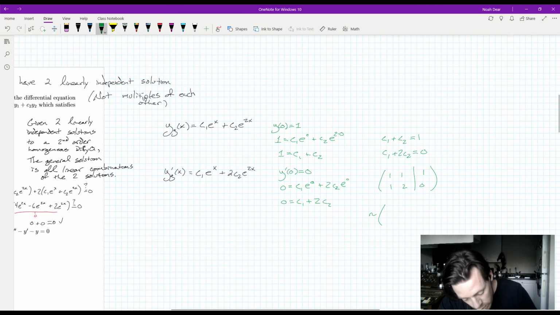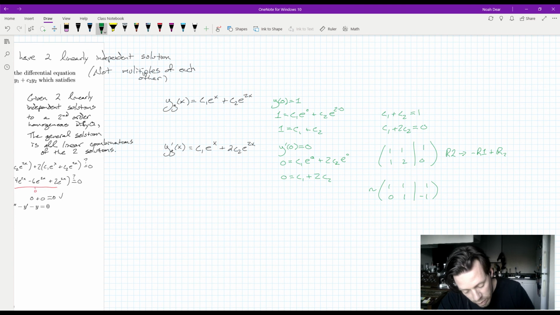The first thing I'm going to do is go row 2 becomes negative row 1 plus row 2. And that will give us, the first row doesn't change, 1, 1, 1. And then we get 0. And then when I go negative 1 plus 2, I'll get a 1 there. And then negative 1 plus 0 is negative 1.